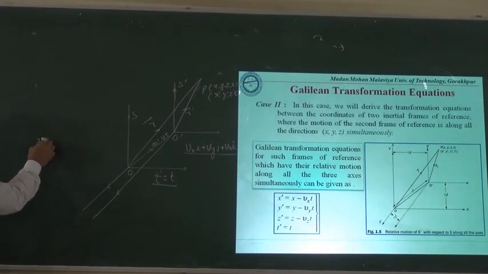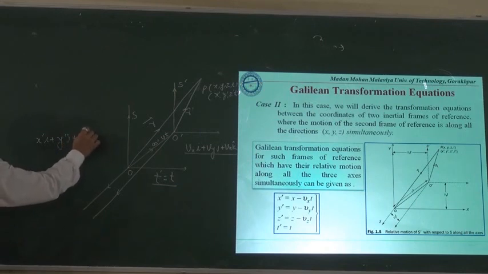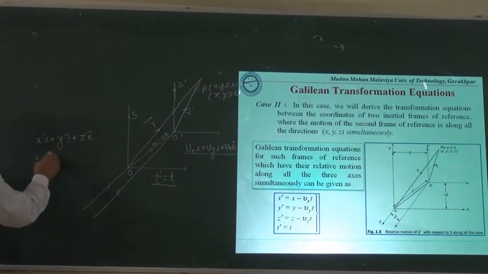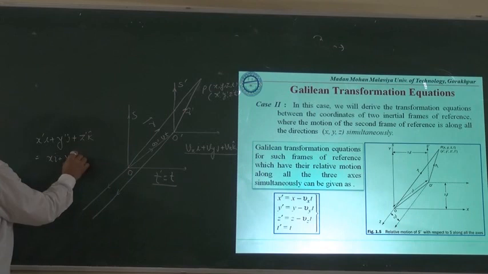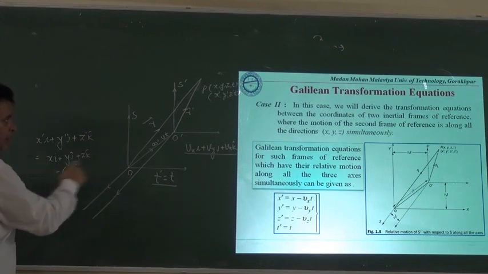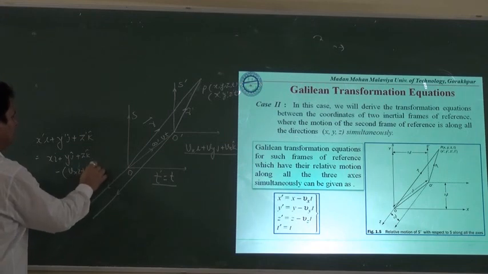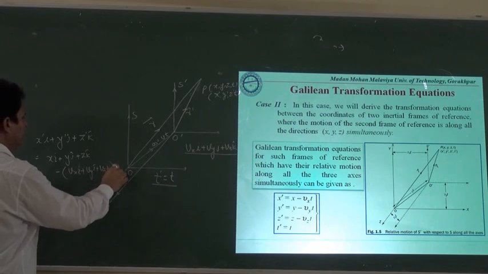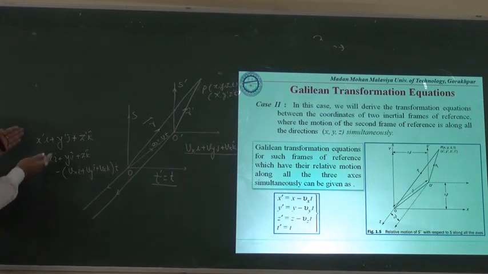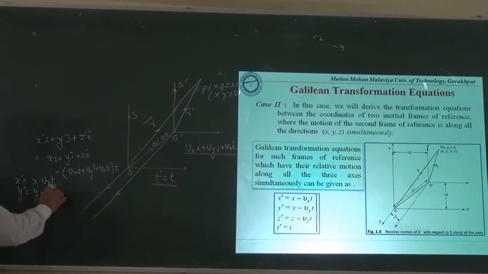Now we will write X dash i plus Y dash j plus Z dash k equal to X i plus Y j plus Z k, minus Vx i plus Vy j plus Vz k, multiplied by T. If we compare the components, X dash is equal to X minus Vx t, Y dash is equal to Y minus Vy t, and Z dash is equal to Z minus Vz t.